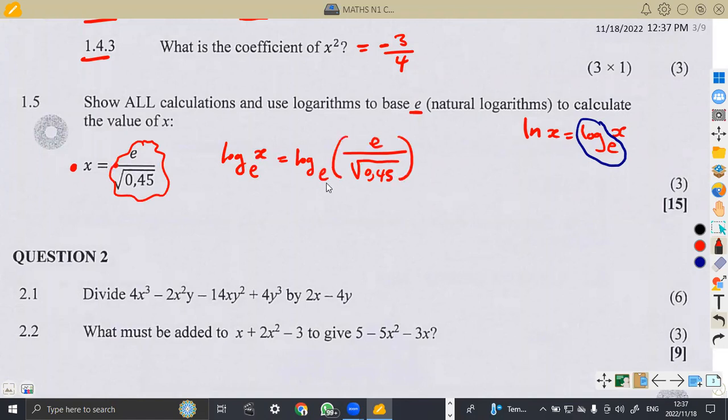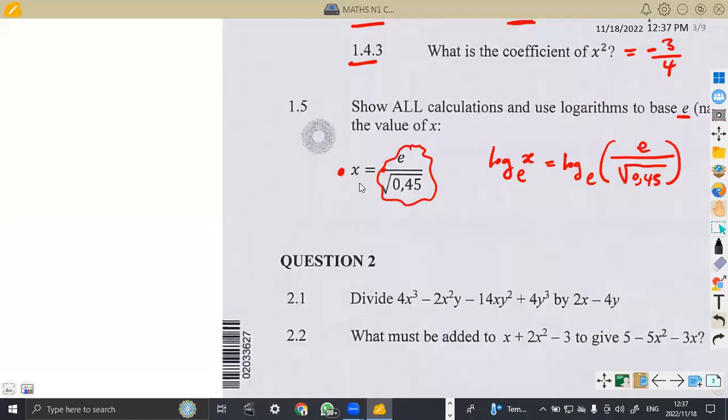All right, so let's see how we are going to simplify this, knowing that our laws of logarithms still have to be applied. Which laws of logarithms are we talking about? Remember, if you are dividing, the logarithm of a over b means we are subtracting: log a minus log b.